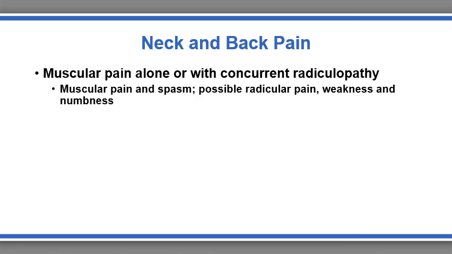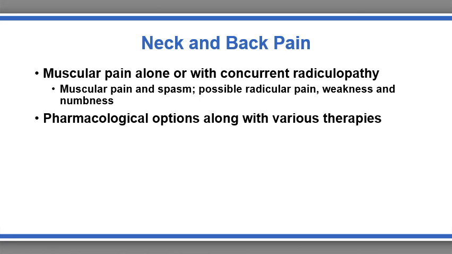In general, you want to be aware of radicular pain, weakness, and numbness. That's when we know there is more going on, and those are red flags that we need to find out what exactly is causing that. Various therapies depend on the individual and what structures are being affected.